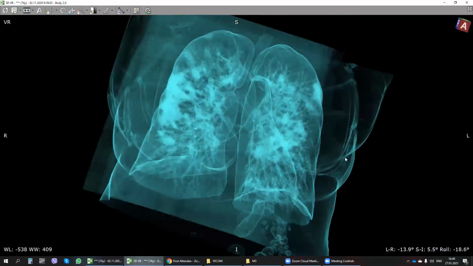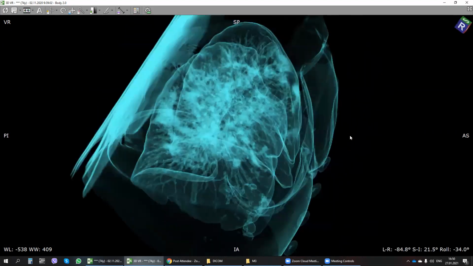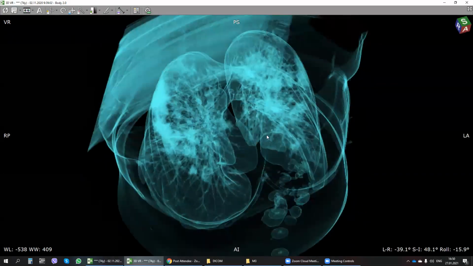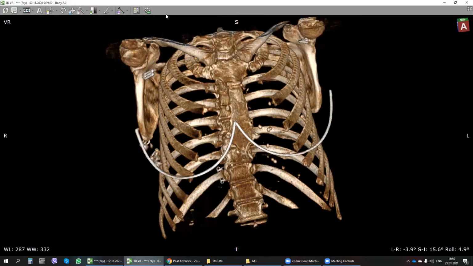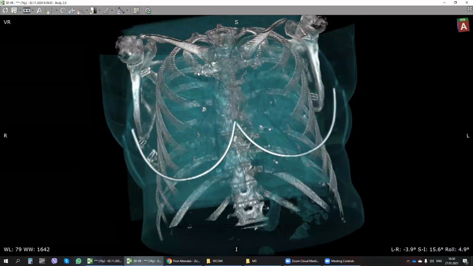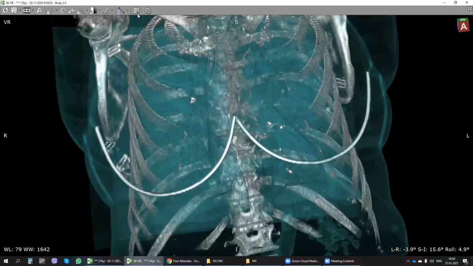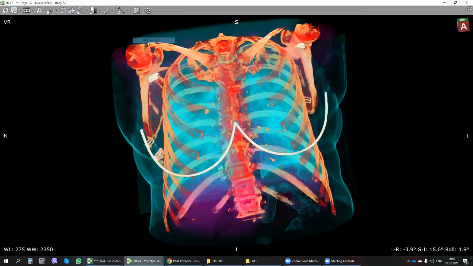So you can see the bronchial tree very well and very precisely. Also, we can cut through the image to delete the regions that we don't want to see. Also, we can switch to bones and airways mode plus skin mode. Another variant.